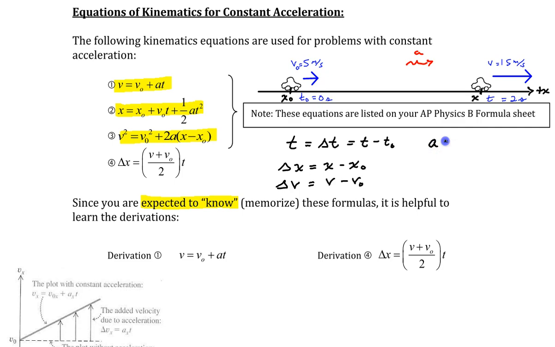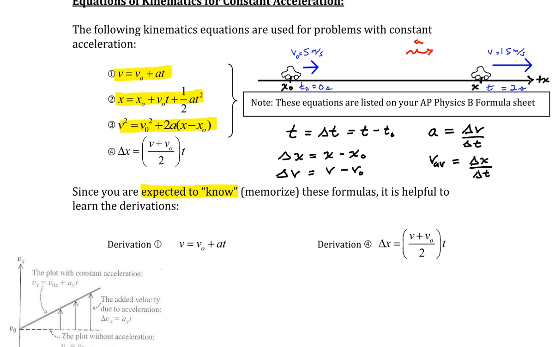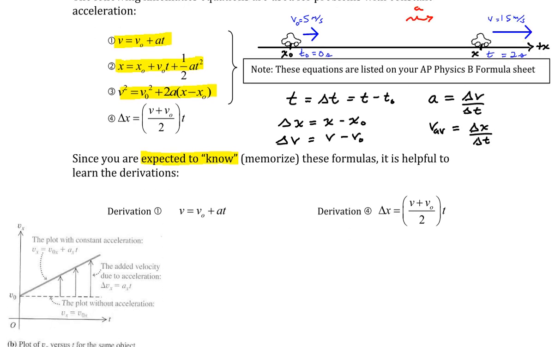One, the definition of acceleration, which is the change in velocity over the change in time. And then we also learned the definition of the average velocity, which is the displacement divided by the time interval. So we're really going to be using that. Let's go down to derivation number 1 here, and we're trying to prove that equation. Where do you think this comes from?